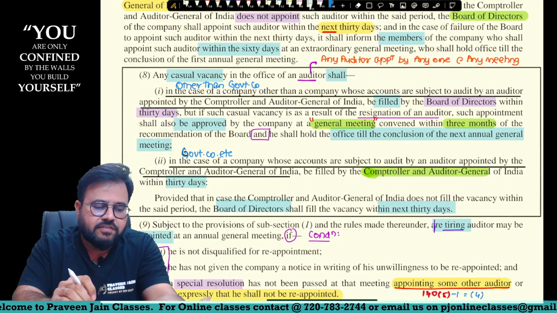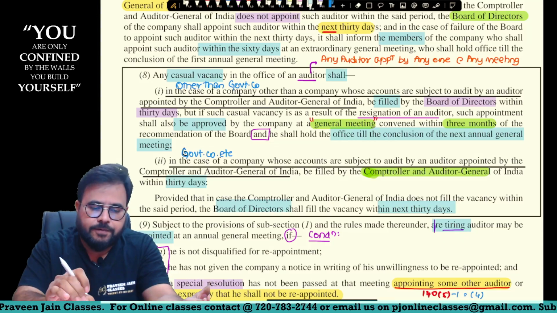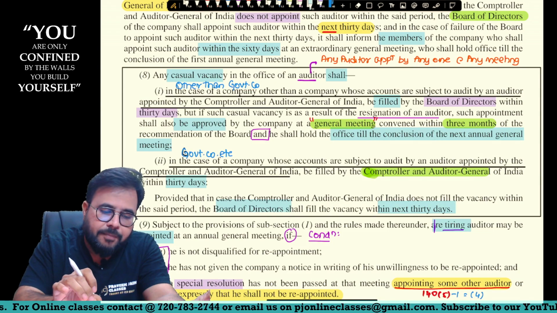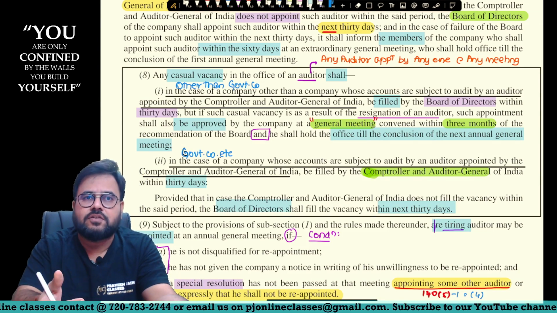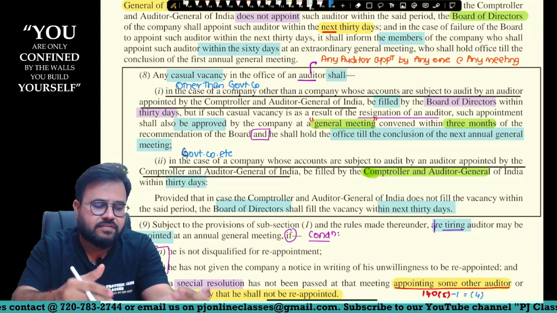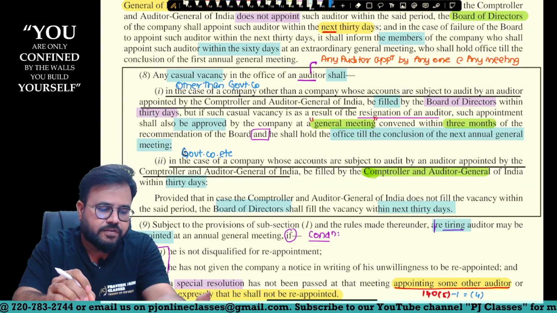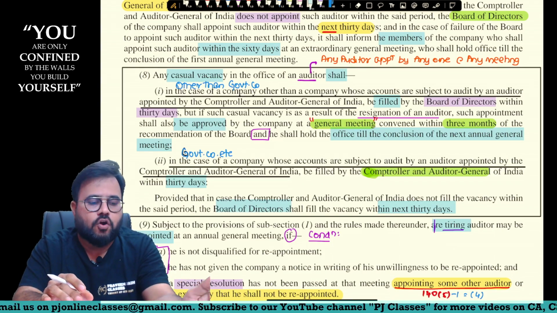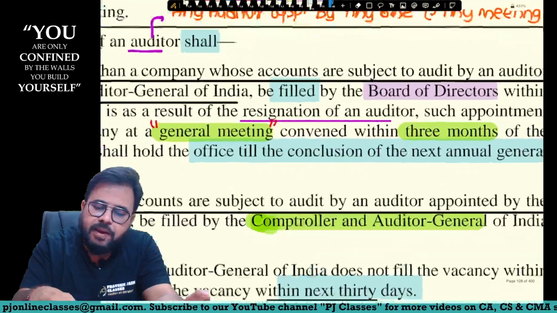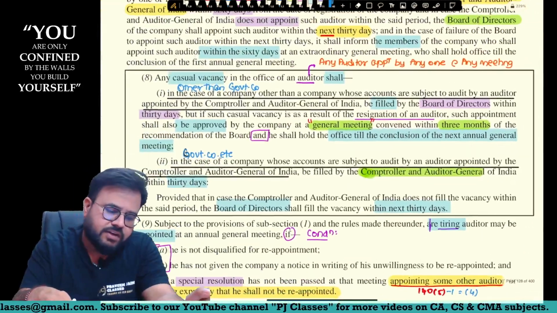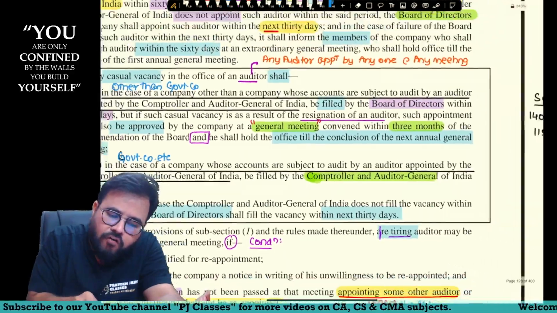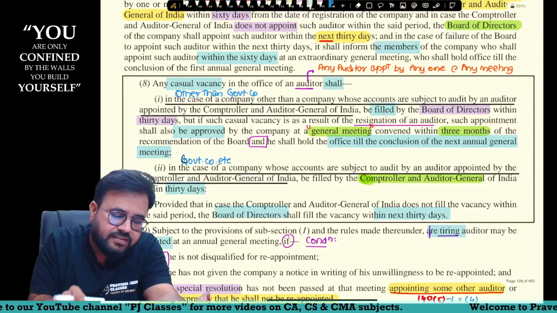Any casual vacancy in the office of auditor shall, in case of a company other than a government company. So our case is clause 1 only, sir. So 139 subsection 8 clause 1 has to be filled by the board of directors within 30 days. And he shall hold the office till the conclusion of the next annual general meeting.